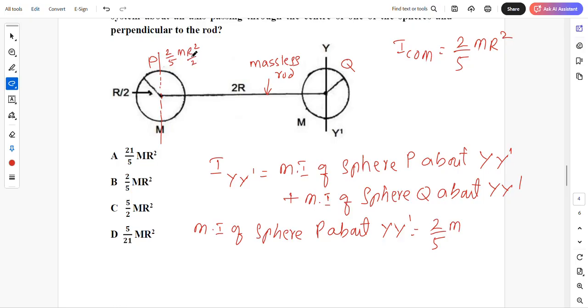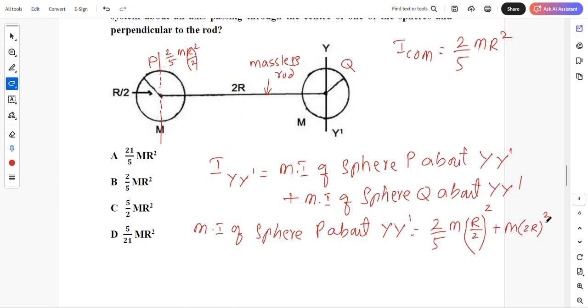So in place of 2 by 5 m r square, you have to write 2 by 5 m times r by 2 the whole square, plus the mass m. And how much is this distance? This distance is 2r the whole square.